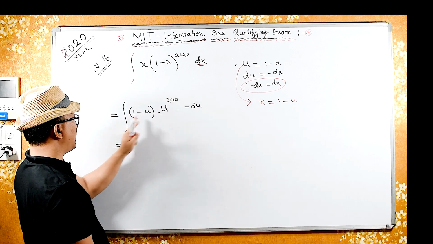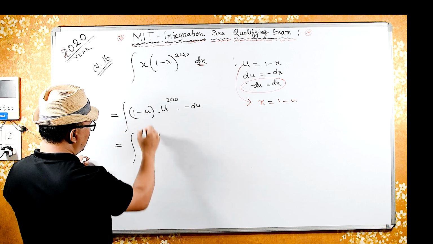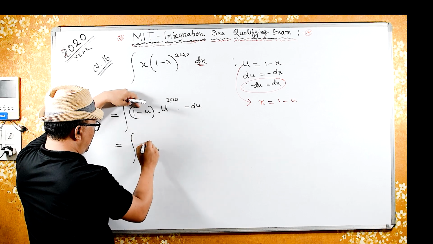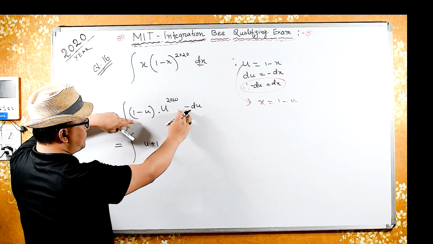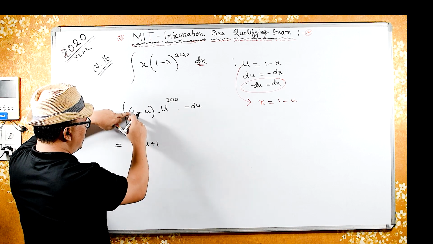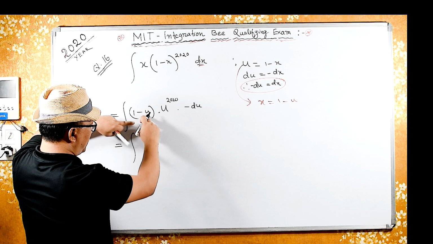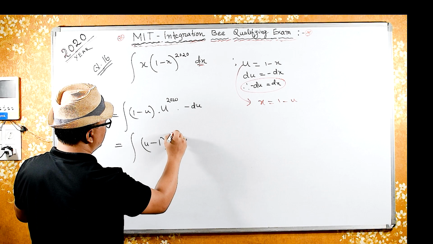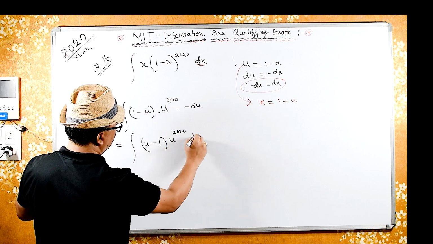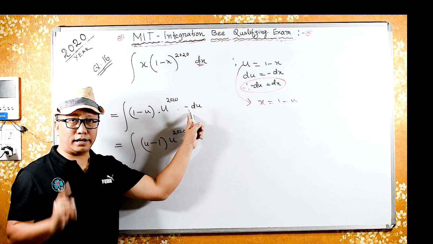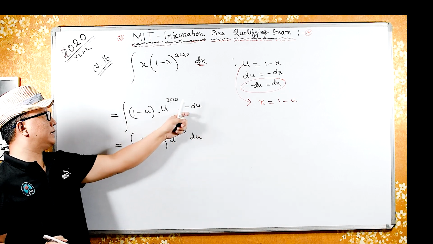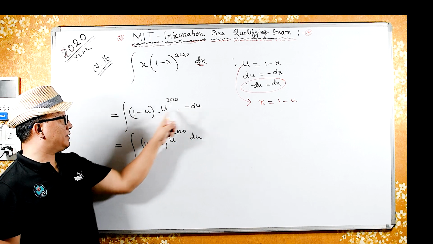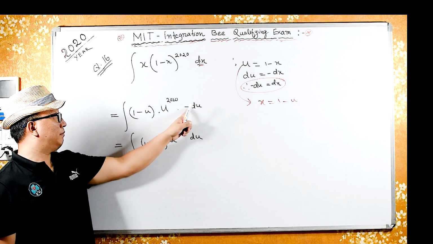If I send this minus inside, then 1 minus u becomes u minus 1, into u raised to 2020 du. According to your convenience, you can send this minus outside or inside.